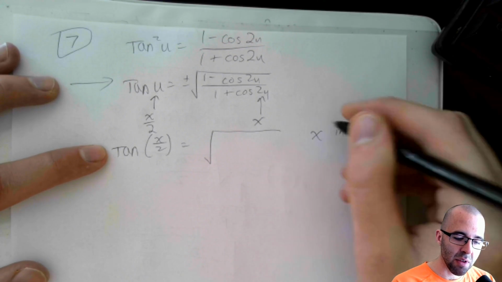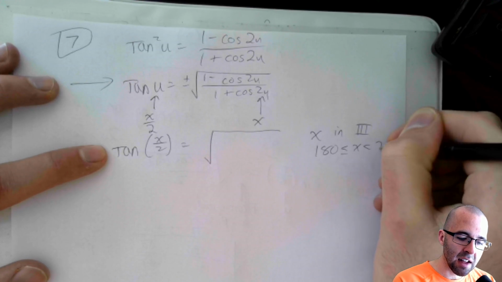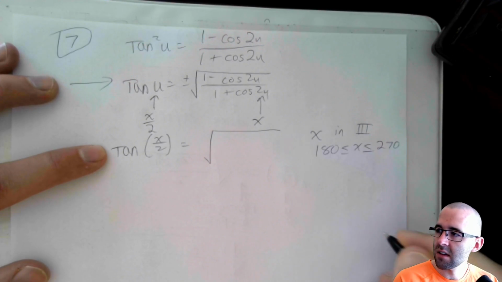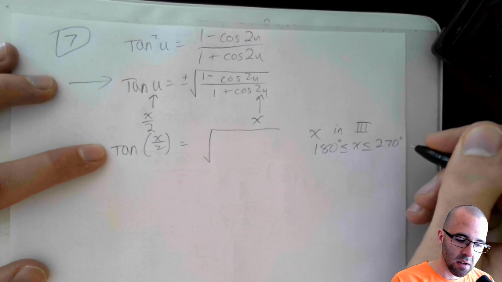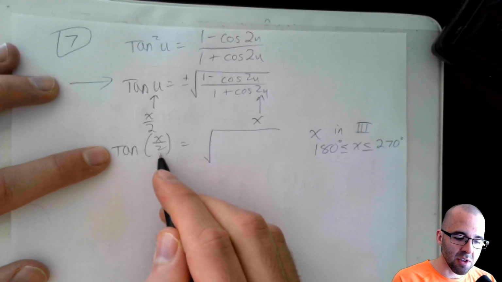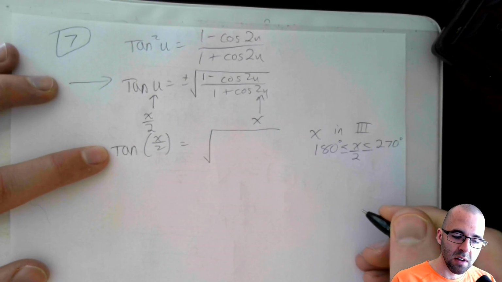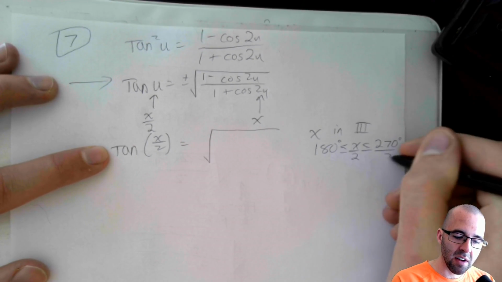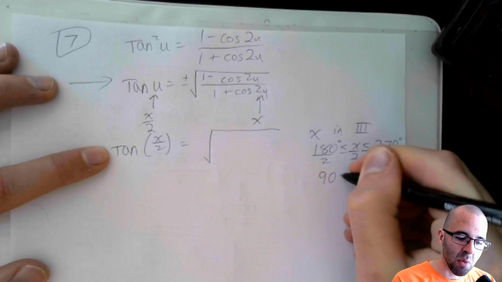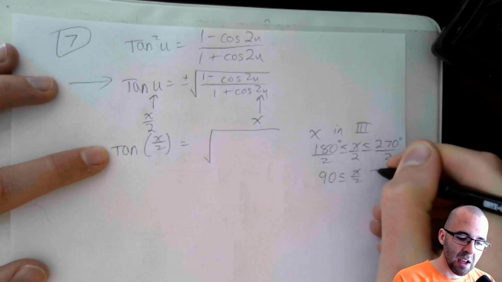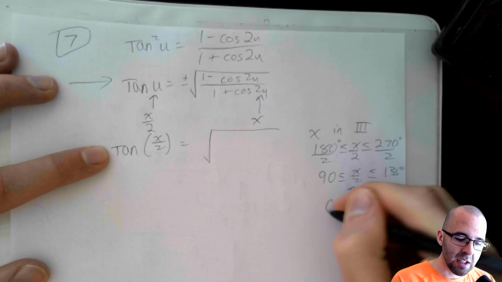If x is in quadrant 3, that means it's more than 180 degrees and less than 270 degrees. So to find out what quadrant x over 2 is, we just make this an x over 2. If we divide it there, we have to divide it everywhere. So we get that x over 2 is more than 90 degrees and less than 135 degrees. So we know x over 2 is in quadrant 2.